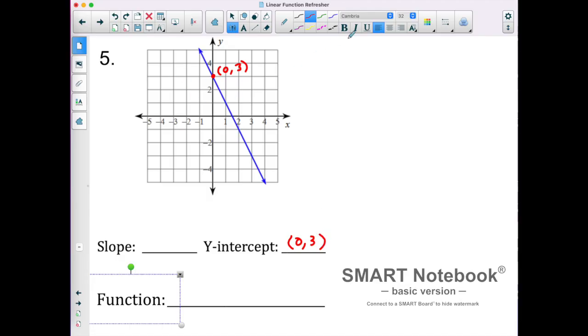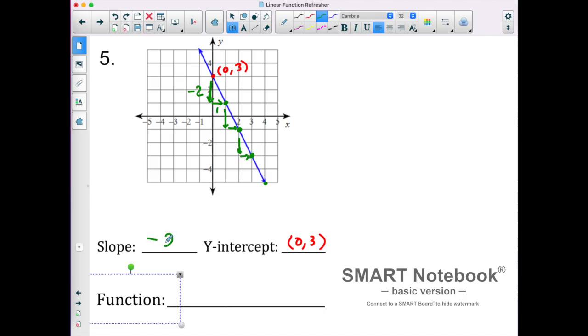And we can find the slope by picking any 2 points on this line. I can use the y-intercept as one of those points and find that we went down 2, so -2, and right 1, +1. If you want to find other points, you're going to see that same slope is constant. It's going to continually go down 2, right 1, down 2, right 1.